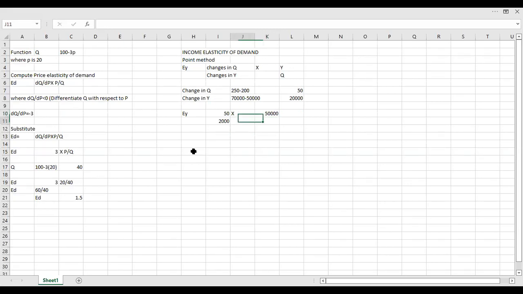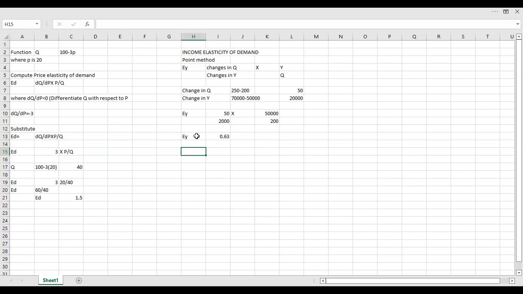So the elasticity of income will now give us 0.63.